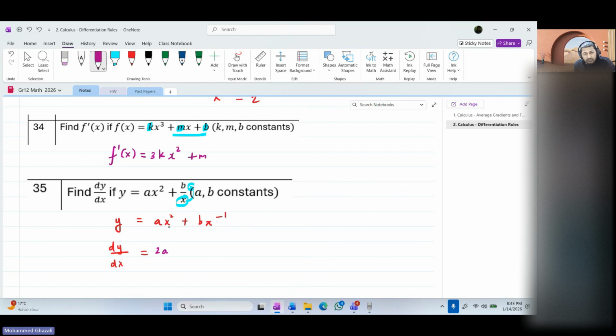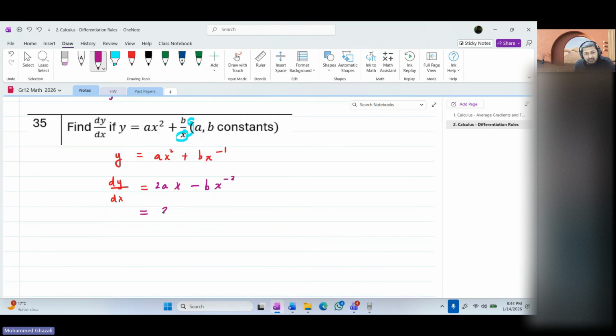Then take away, yeah, power rule. Then it's just x. And b times minus 1 is minus b. It'll be x to the minus 2. Yeah, perfect. And then simplify this. 2ax minus b over x squared. Yeah, that's it.